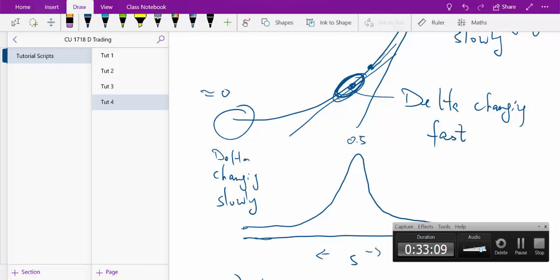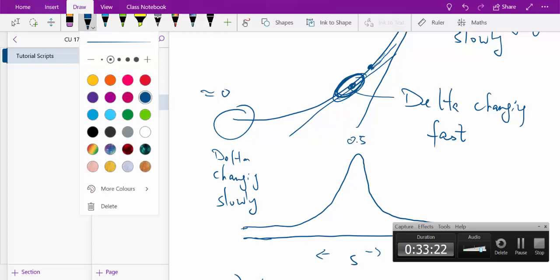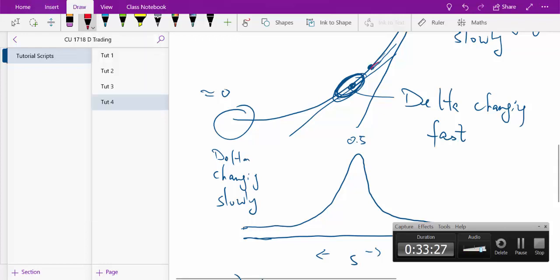Let me see if I can draw that a little better. I really need a ruler. This is the old one. Maybe I can use a different color. The new delta is the red line. So it's gone steeper. And the way you measure that is by adding the gamma to it.